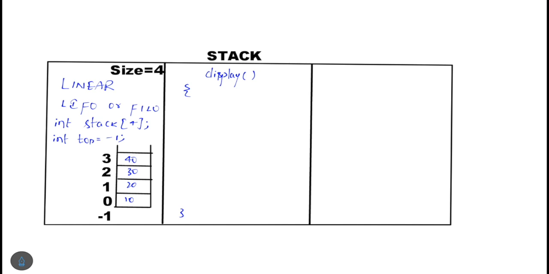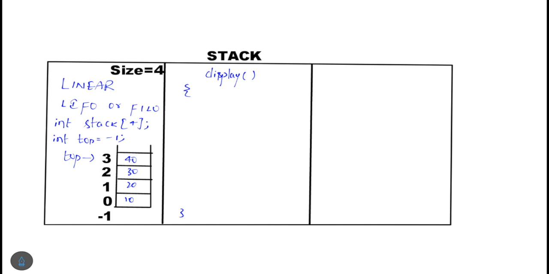As you can see in our scenario, currently the stack is completely filled and top is pointing to the last index position. I just want to print all the data elements inside the stack. I can choose any order: from the top element to the bottom element, or from the bottom element to the top element. First let us try to display from the top element to the bottom element.